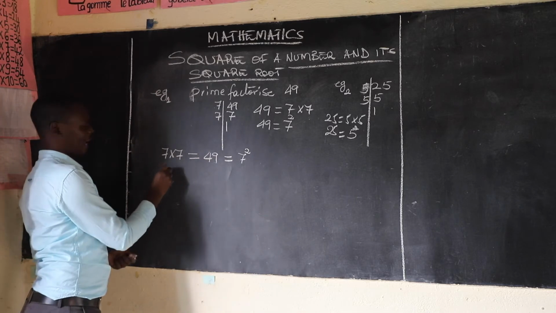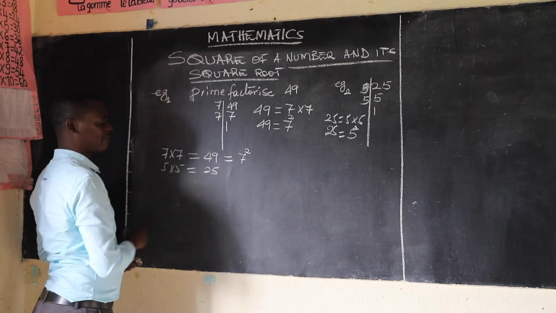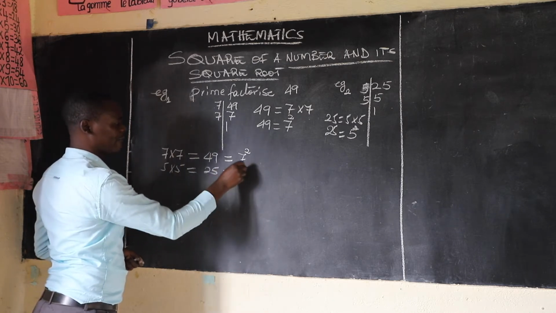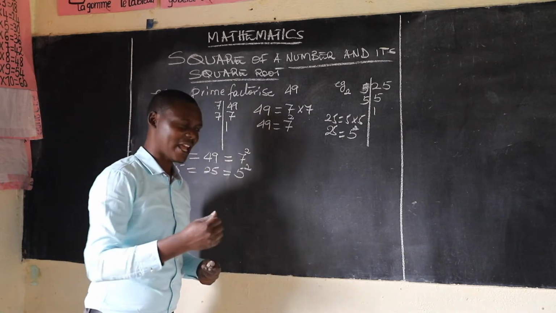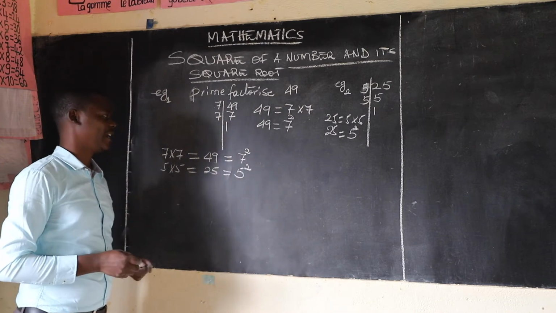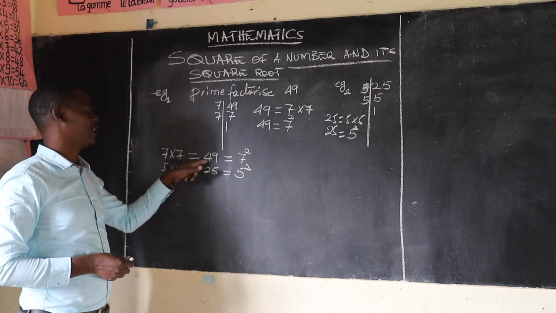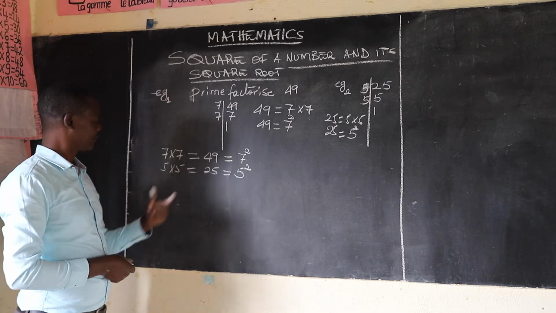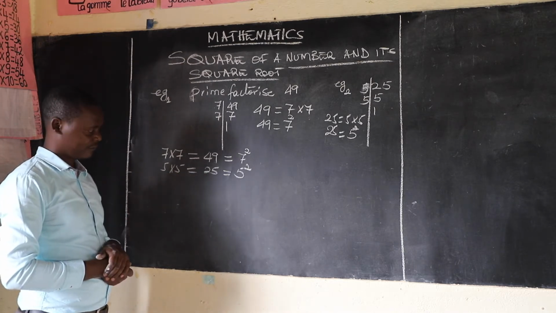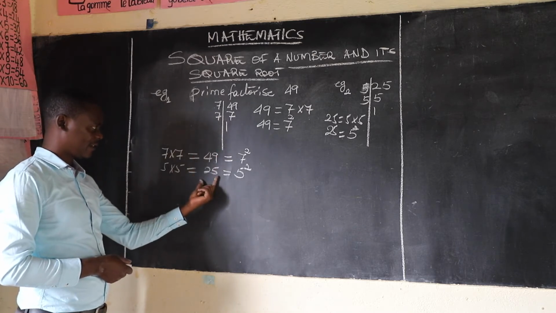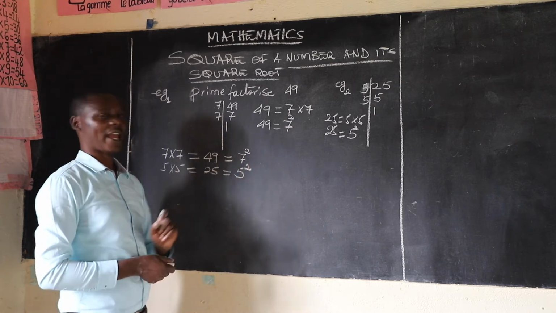I will have 5 times 5, which gives 25, or 5 squared, or 5 power 2. This 7 was multiplied by itself to get 49, and 5 was multiplied by itself to get 25. Instead of writing this, we can say 7 squared, 5 squared.